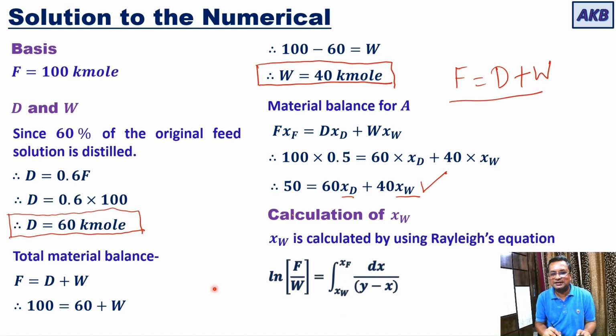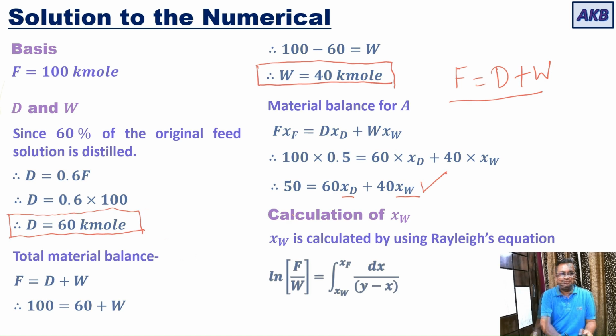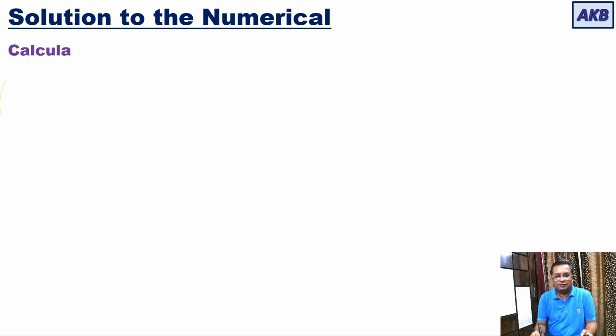So that is the idea. You have to fit the known area and get the limit. In one sentence, you can understand the concept in this way. Okay, so we are calculating XW, and for that we are going to use the Rayleigh's equation.